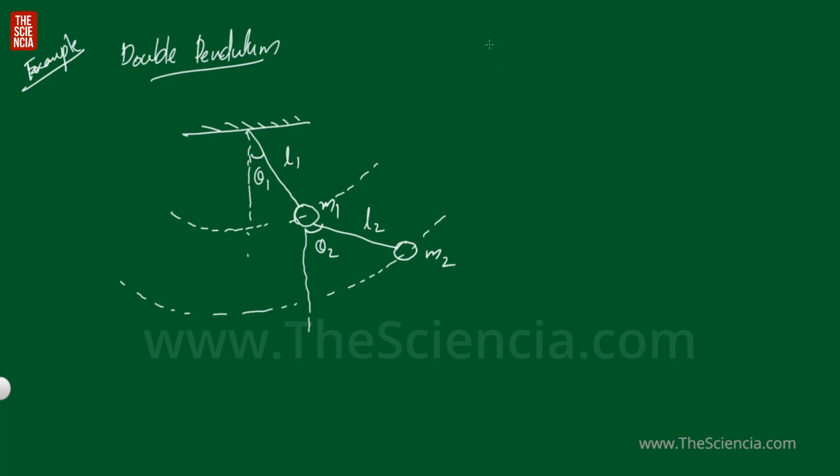Here also, which coordinate system are we using? We are using plane polar coordinates. In plane polar coordinates, the velocity elements are r dot and r theta dot. Here the position r is L1 and L2. So first I am considering the mass m1. For this mass m1, this L1 value is a constant, so L dot is 0.